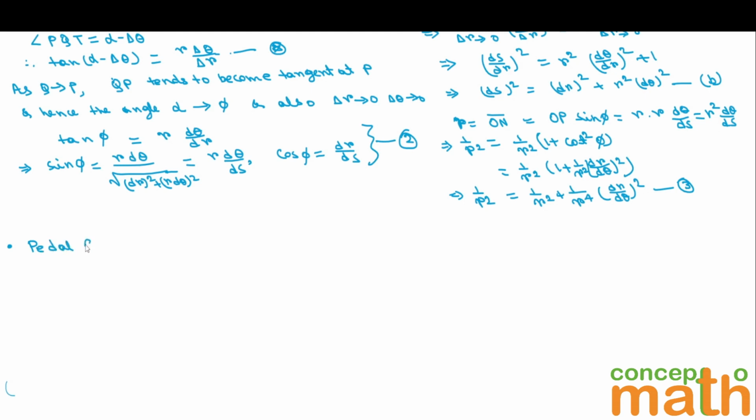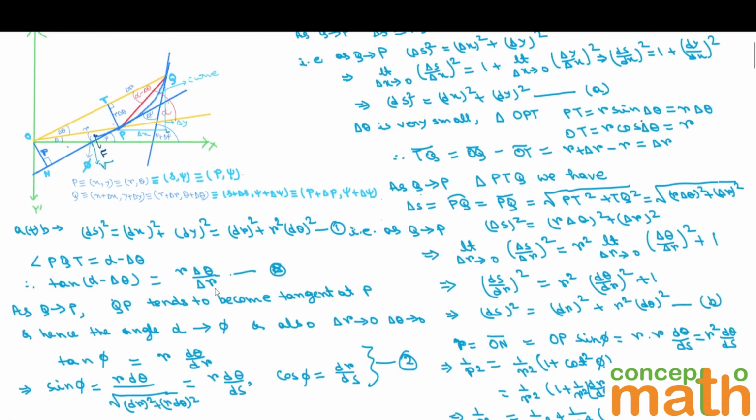By pedal equation we mean a curve where the equation between the perpendicular from the origin to the tangent, that is p, and the radius vector is given, p is equal to say f of r. For this kind of equation we will find the expression for the radius of curvature.